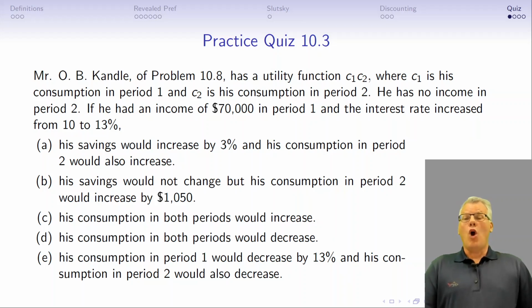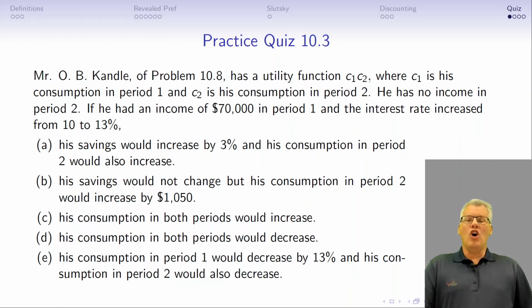Oh, before we launch into this, if Mr. Candle has no income in time period 2, what that means is he must be a saver, right? So he has to save a certain amount in time period 1 to fund his time period 2 consumption.